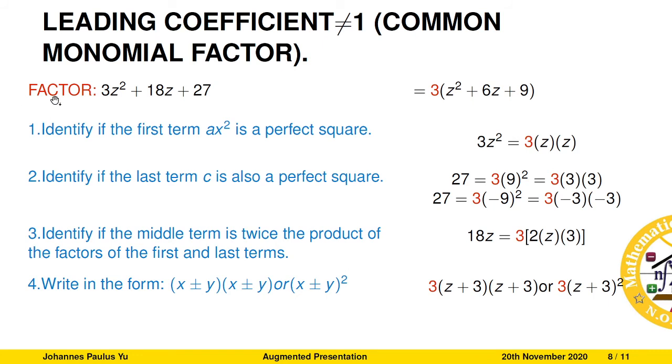So to answer the question, factor 3z squared plus 18z plus 27, we simply copy this: 3 times the quantity of z plus 3 times another quantity of z plus 3, or simply 3 times z plus 3 quantity squared.